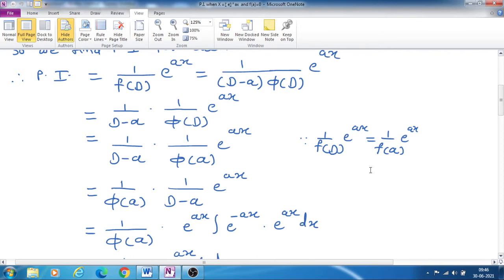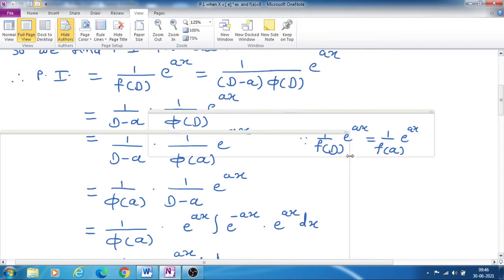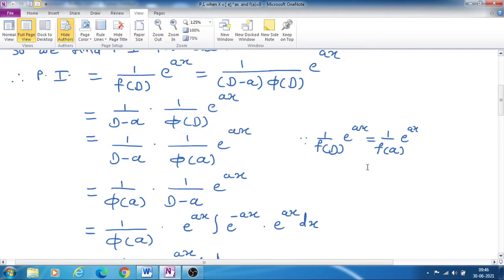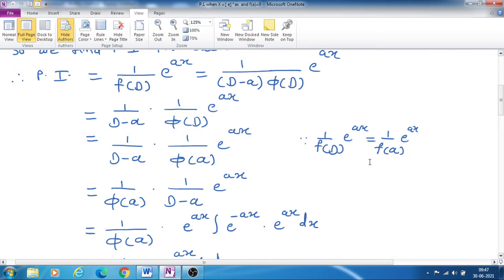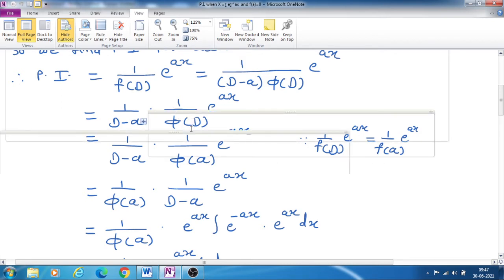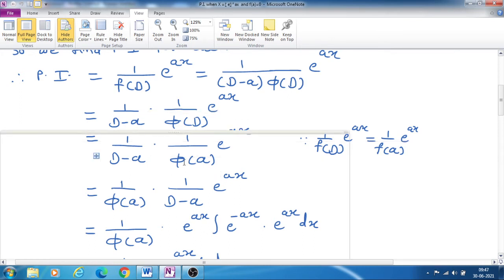Here we can use our result, that for e raised to ax, 1 upon f(D) e raised to ax is equal to 1 upon f(a) e raised to ax. Here instead of f(D) we have phi(D). So if this phi(a) is not equal to 0, we can use this result. So using this result, 1 upon phi(D) e raised to ax is equal to 1 upon phi(a) e raised to ax.